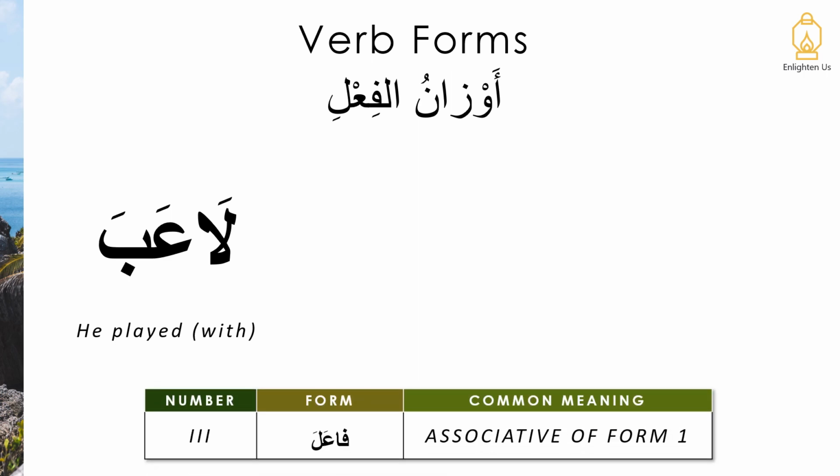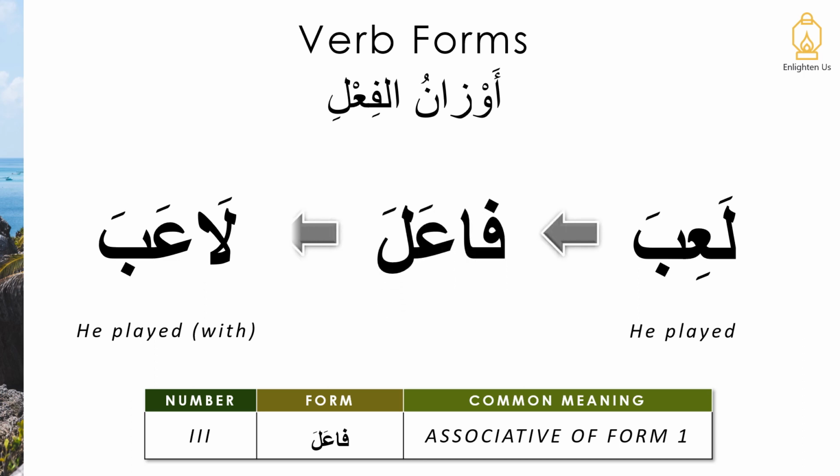Well, this is where form 3 is useful, because what it does is that it takes the action that form 1 expresses and makes it associative, so that 2 people or more are participating in that action. So again, let's go back to our original verb. If you remember, we had لعب, he played. Let's use فاعل as our template, and this is how we get لاعب.